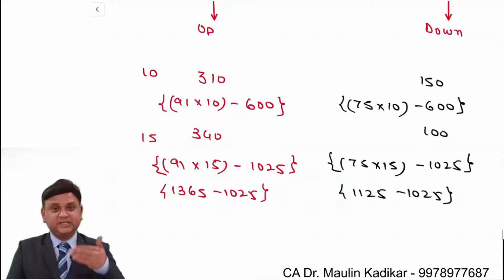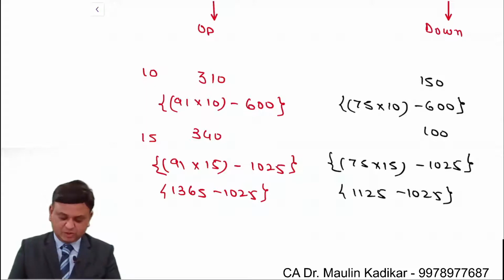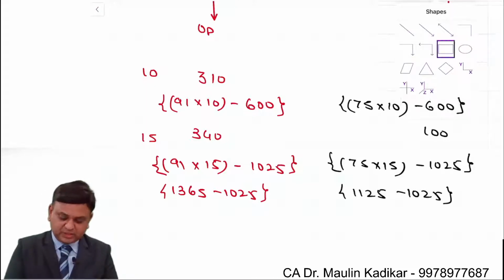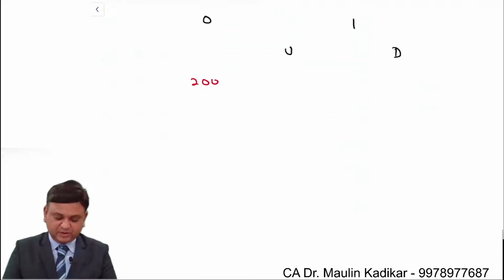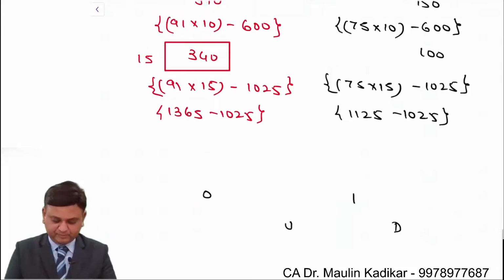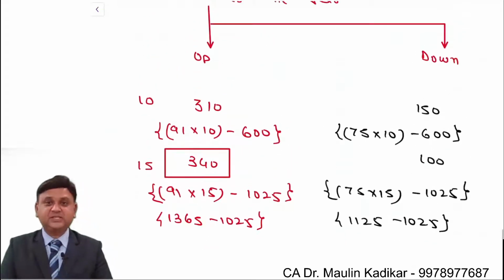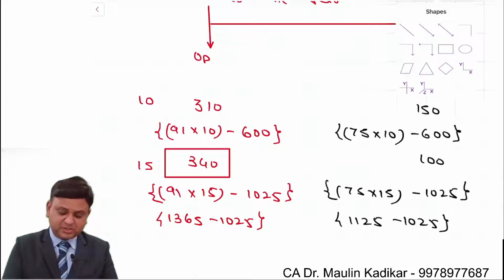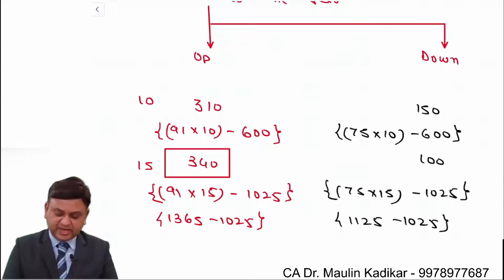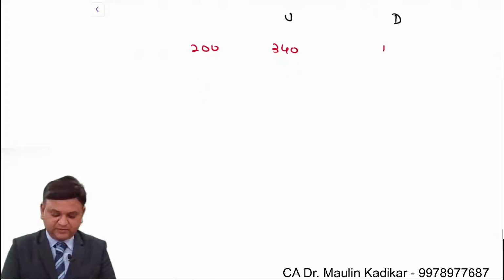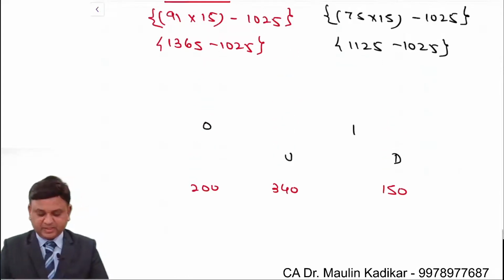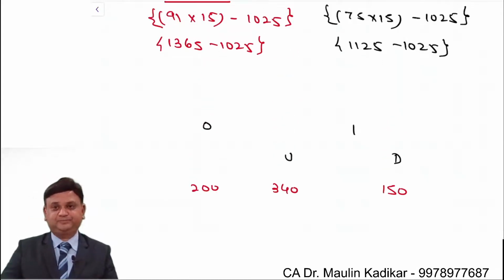If the price increases, then in that case you should construct 15 units, and in that case you will get a profit of 340 lakhs. And if at all the price reduces, then in that case you should construct 10 units, and with construction of 10 units you will get an amount of 150 lakhs. This is what we understand.